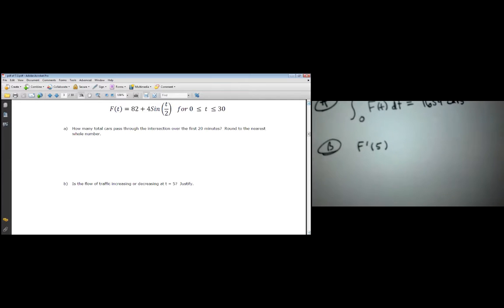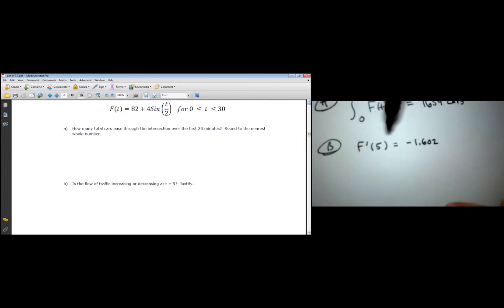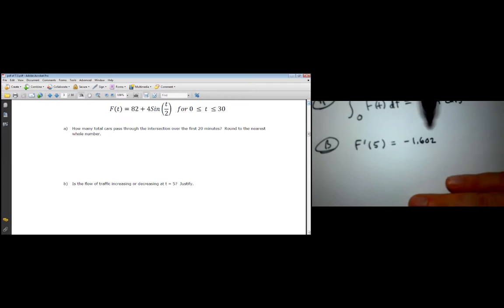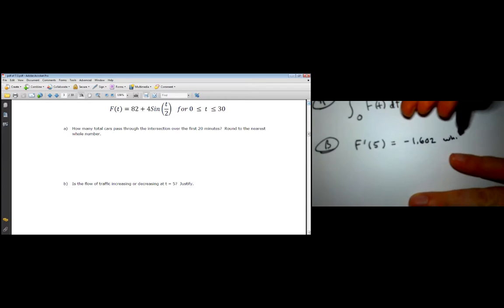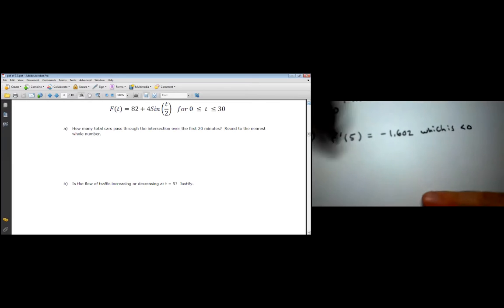I got a negative answer. All right, what'd you get for an actual answer? Negative 1.6022. All right, f prime of 5 is equal to negative 1.602, which is less than 0.